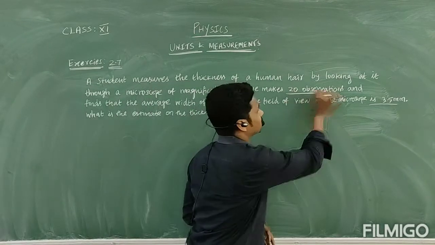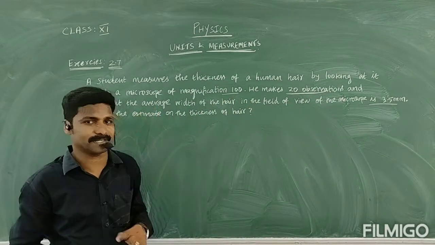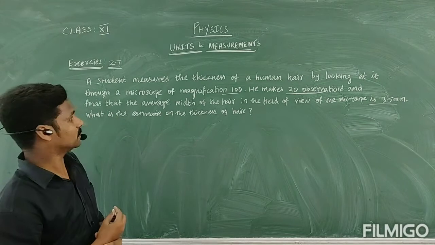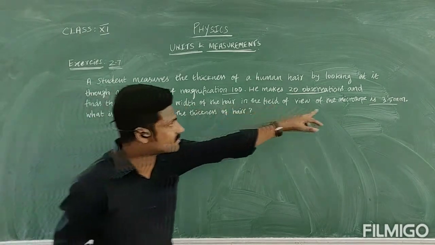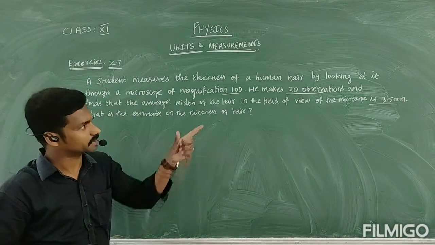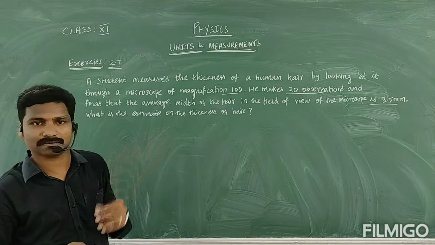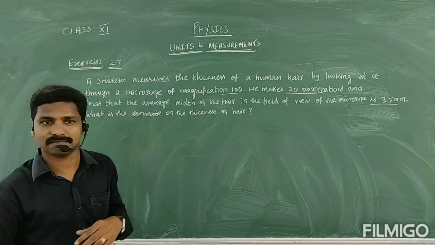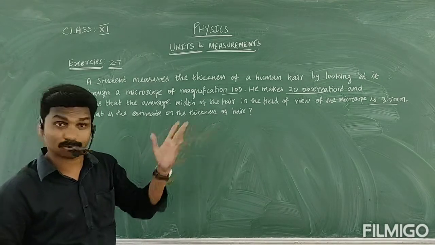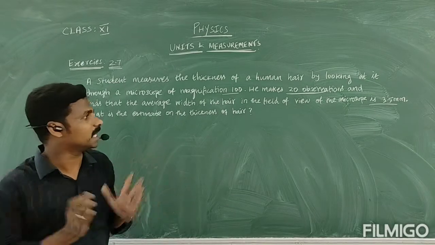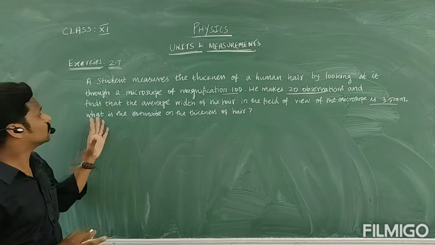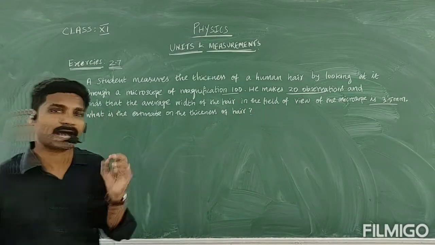So there are 20 observations, I take 20 readings, and the average value would be 3.5 millimeter with magnification. Maybe the first reading 3.51 millimeter, second reading 3.5 millimeter, third reading 3.52 millimeter, fourth reading maybe 3.49 millimeter. Finally the average value would be 3.5 millimeter. So what is the estimate of the actual thickness of the hair?